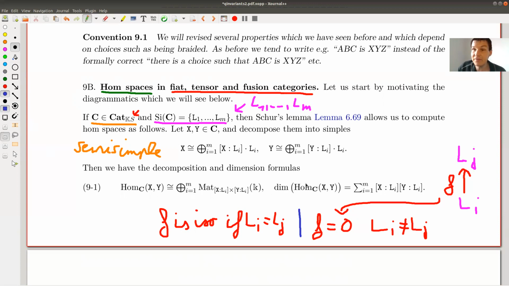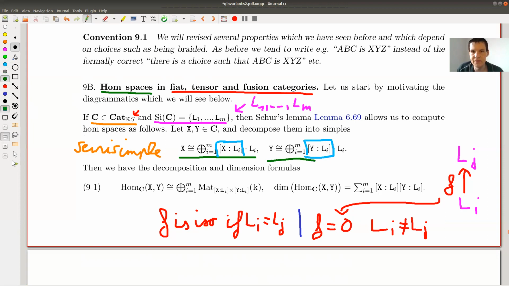And this gives us a really cute formula to calculate dimensions and morphism spaces and everything, assuming that we know what the symbols are, of course. In a semi-simple category, each object is a decomposition of simple modules. This was my notation: the simple Li appears with a certain multiplicity, and the same for the other object.